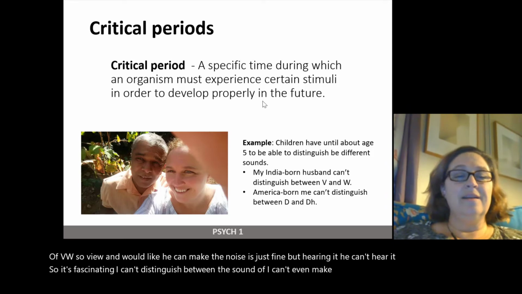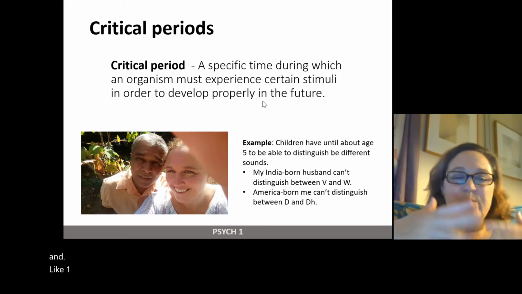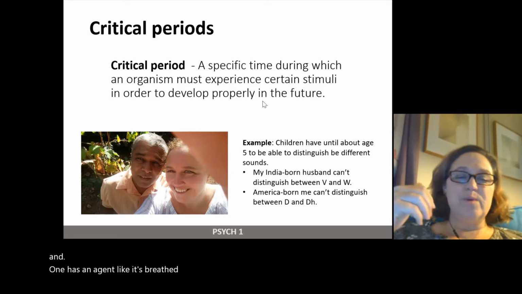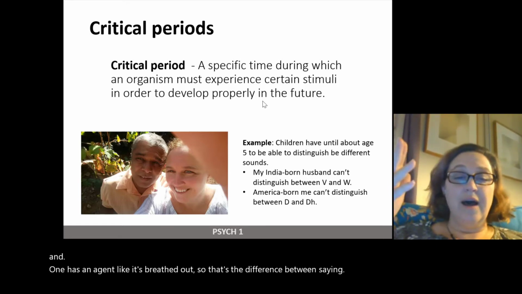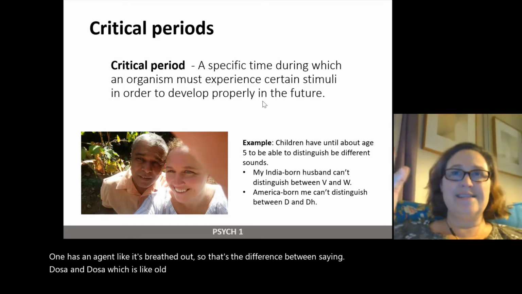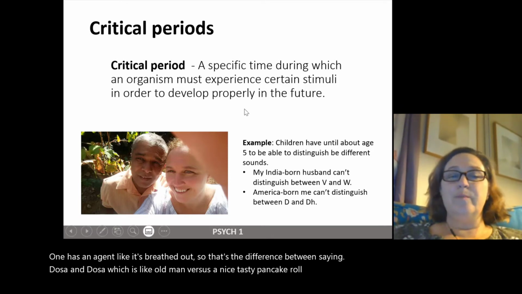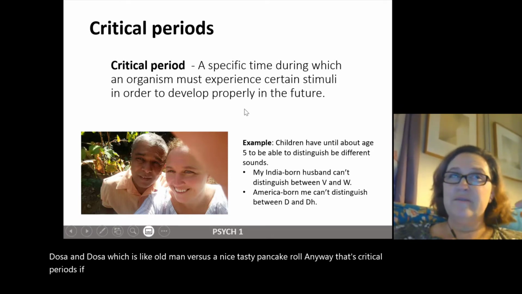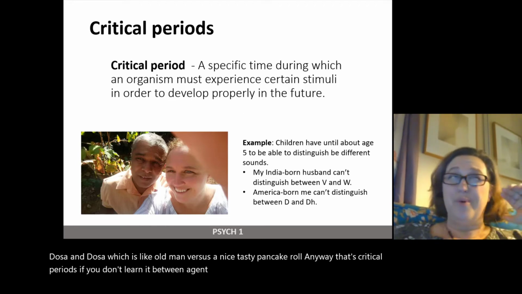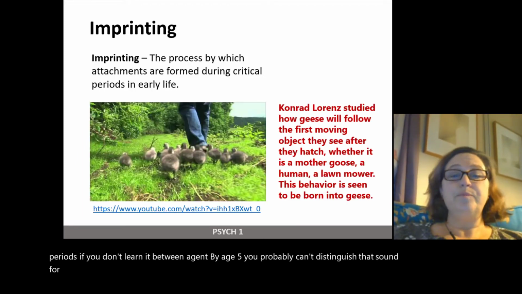It's like duh and duh. One has an H in it, like it's breathed out. That's the difference between saying dosa and dosa, which is like old man versus a nice tasty pancake roll. Anyway, that's critical periods. If you don't learn it by age 5, you probably can't distinguish that sound for the rest of your life.